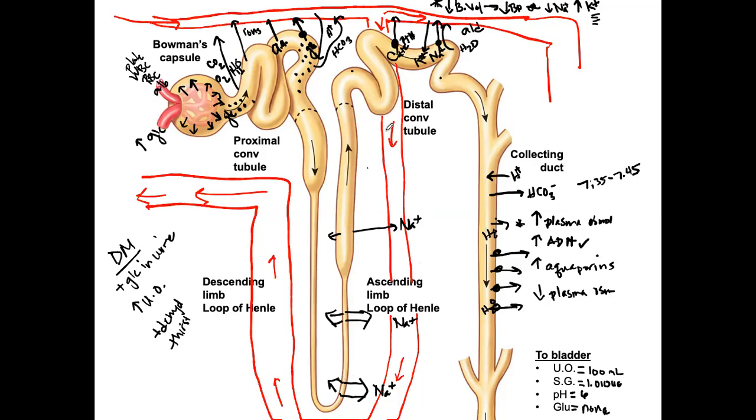So the blood, let's take a look at your bloodstream. So this is 300 milliosmoles, right? And as we go down and we're pulling sodium in, what happens to the concentration? So concentration goes from 300, let's say 600 milliosmoles, 900 milliosmoles, and then 1200 milliosmoles, right? And then this is 1200 milliosmoles, and this side is permeable to water. This side is not permeable to water.